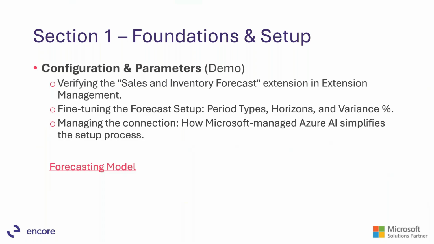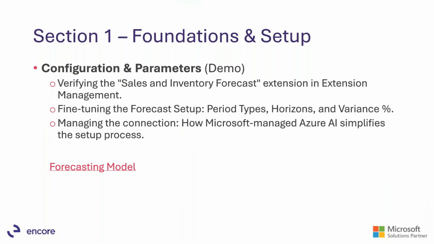Now that we understand the purpose, let's talk about the setup and configuration, because this is what matters for the system function. First, the sales and inventory forecast was an extension in our old NAV version. Previously, in NAV or Business Central, we needed to install and enable that extension.